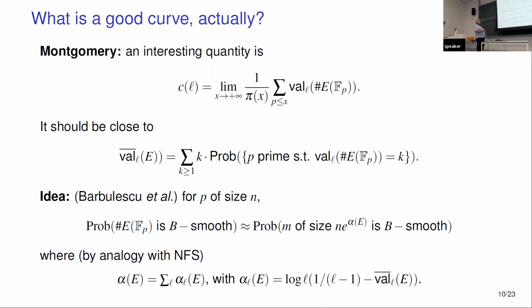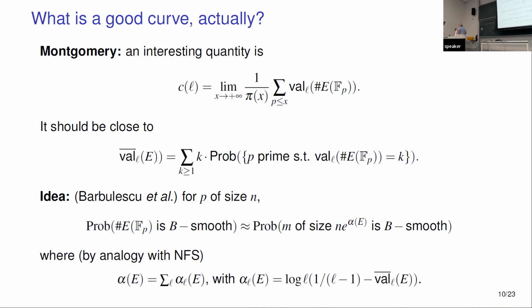A good curve should be a curve with a high value of its expected l-adic valuation. Okay, l is, of course, a prime number. You compute the cardinality of E(Fp), and you look at the valuation of this cardinality mod l. And basically, the larger this quantity, the better.